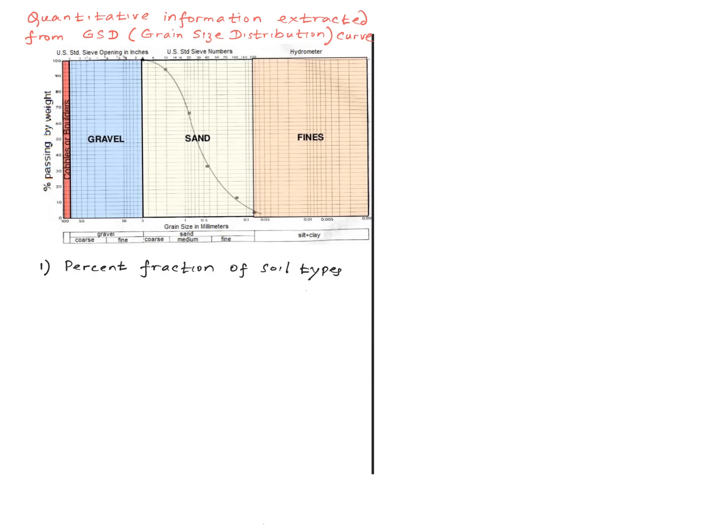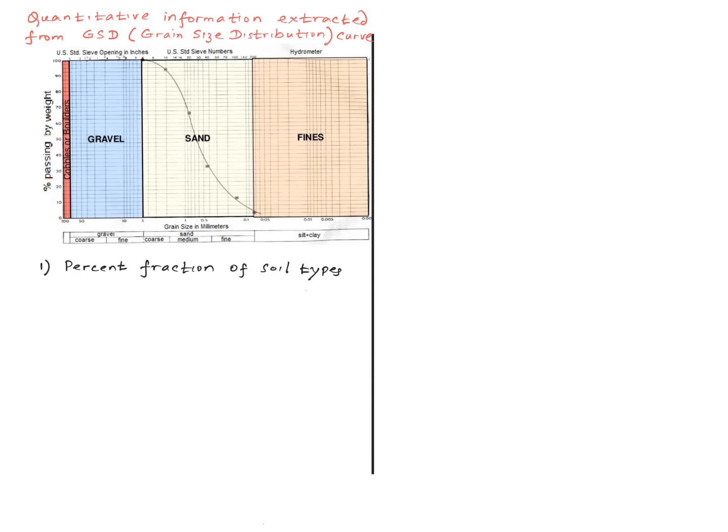First, we need to know the percent fraction of soil types. So this is what we do. This vertical line divides sand from fines, right? And this vertical line divides gravel from sand. So what we do is we draw a vertical line and then take the point where the vertical line intersects the curve, and find the percentage corresponding to that point.